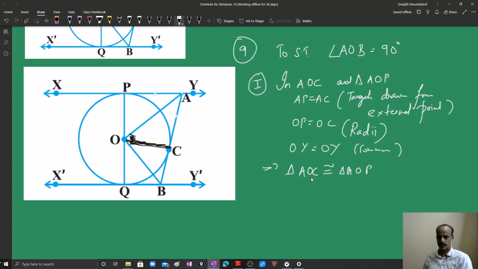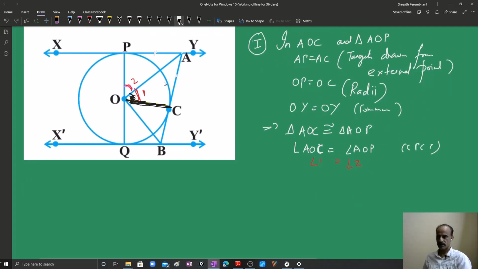That means angle AOC is equal to angle AOP, by CPCT. I'll call this angle 1 and this angle 2. That is, angle 1 is equal to angle 2. Similarly, we can establish a congruence between two other triangles.